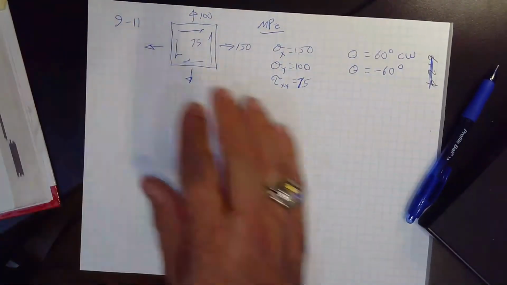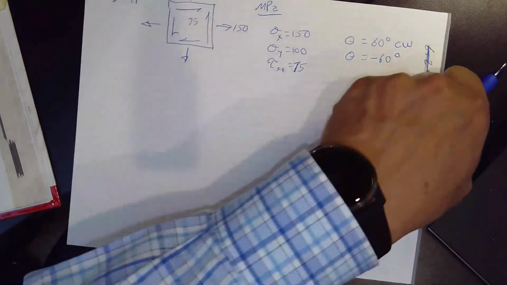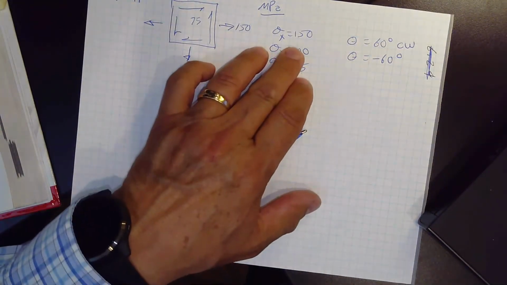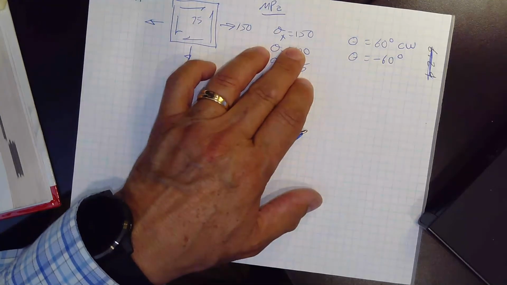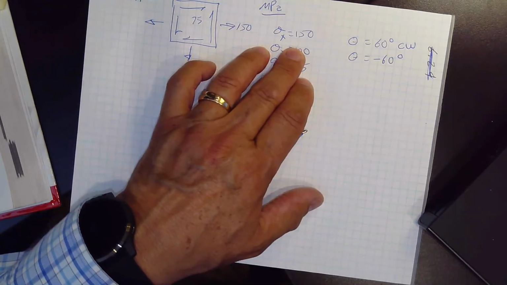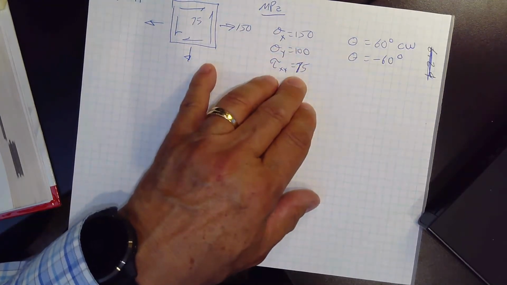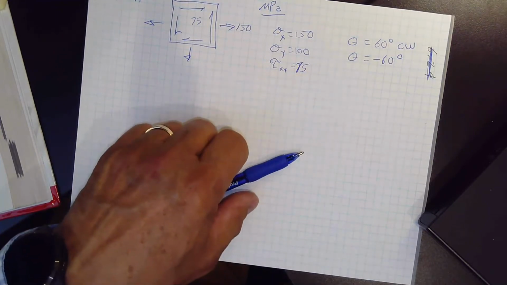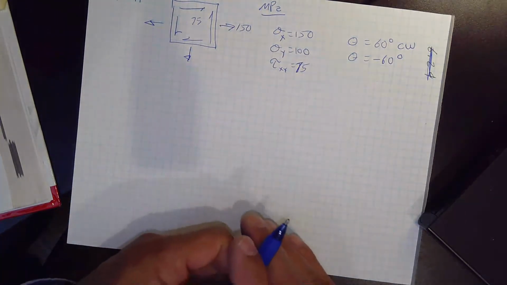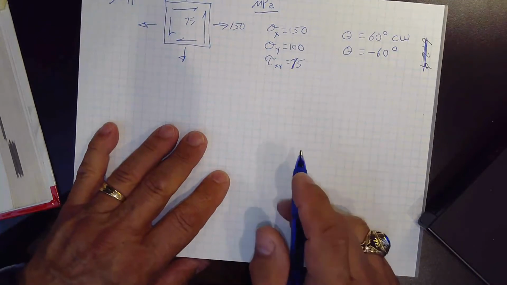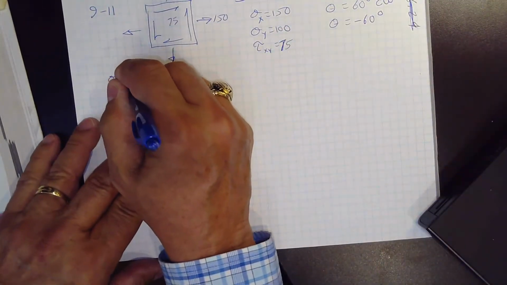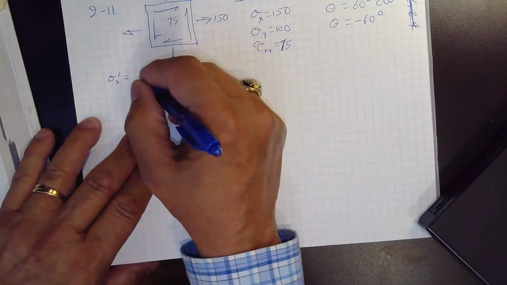All right, let's go. Remember I showed you the Excel spreadsheet, and we can just put these numbers in here to check our work. So we'll do 150, 100, and I know you can't see this. I haven't figured out quite how to do that yet, but we'll see what comes out. We're going to come up with eventually a sigma x prime. So here's sort of the answer, 47.5.